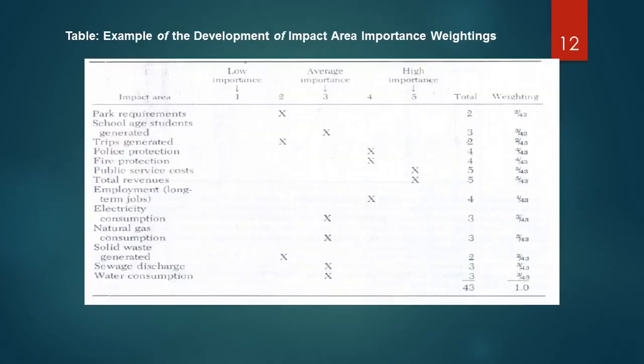This table is representing the example of development of impact area importance weighting.